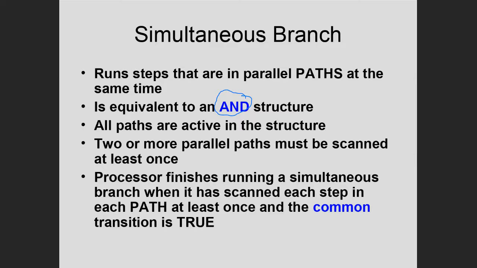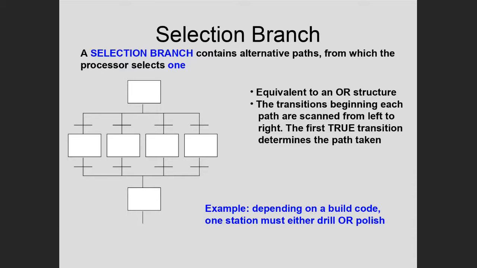So the simultaneous branch. Whereas the selection branch, the way we said this works is that you run the code here, and then you're going to transition into the first true. If this transition is true, you'll transition into this step, you'll run that code, and then if this is true, then you'll fall out of the structure, you'll run that code, and then you're done.